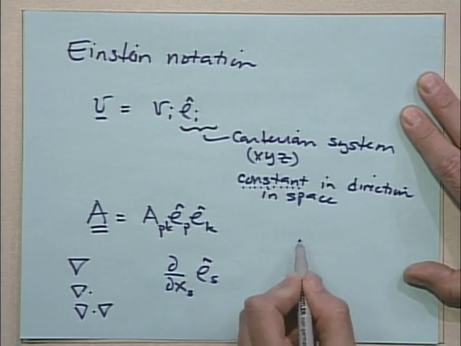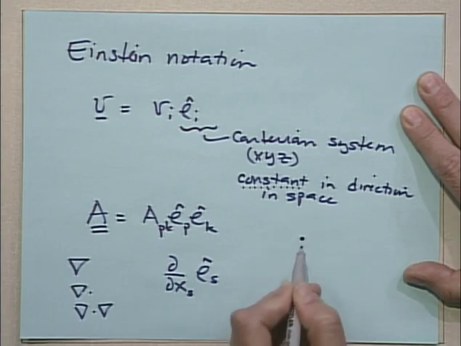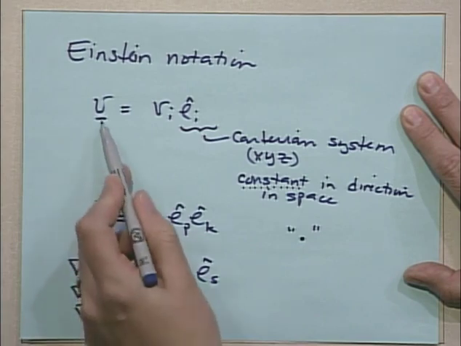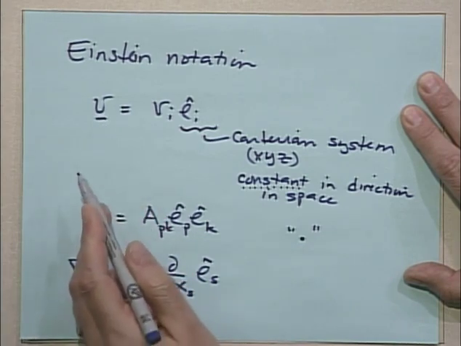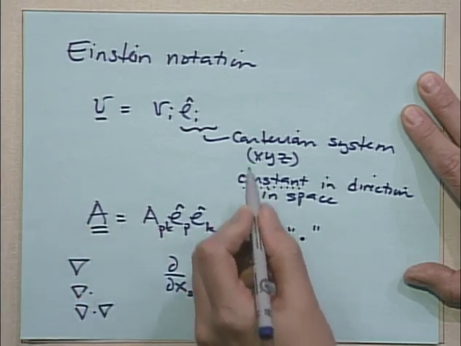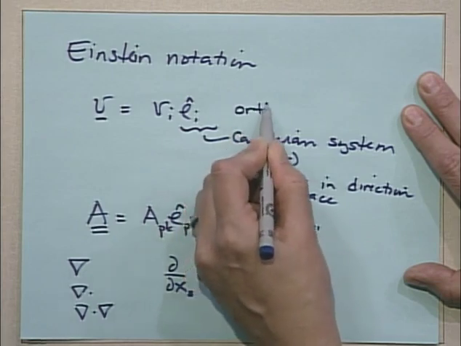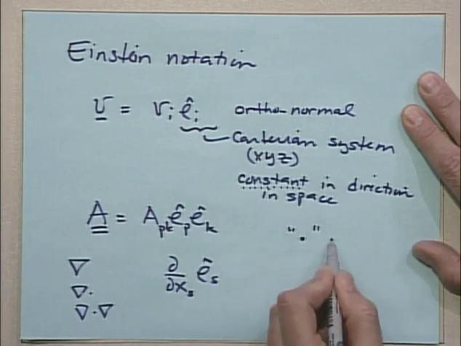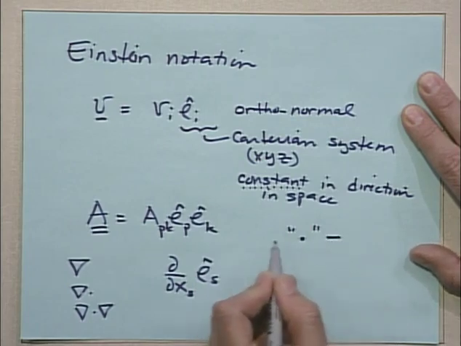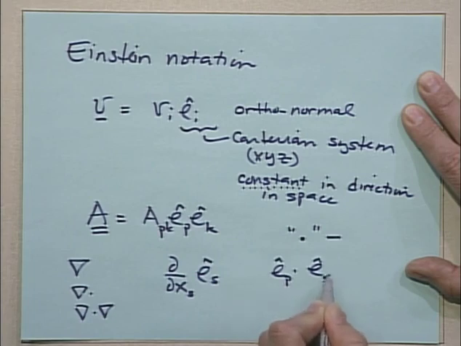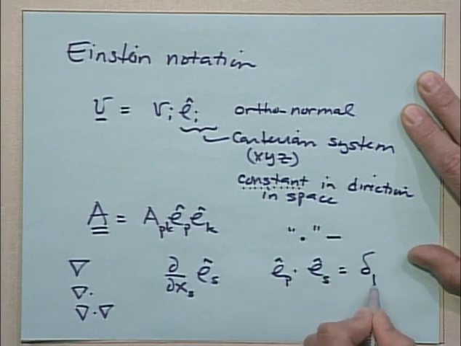Then the only other thing we need to know how to do is to take the dot product of either the nabla operator or a vector and a tensor, or 2 tensors, or 2 vectors. And what we know is that because we've dealt with these orthonormal coordinate systems, the dot of 2 unit vectors, say e_p dot e_s, is the Kronecker delta, delta_ps.